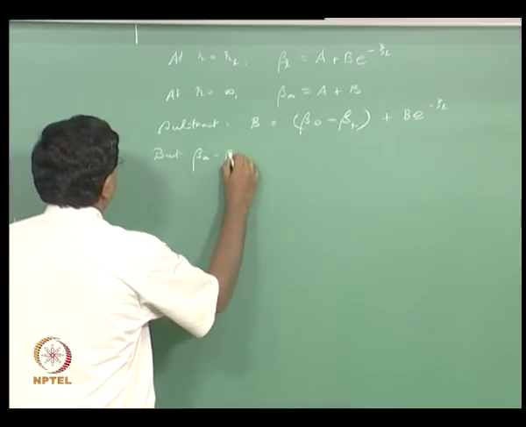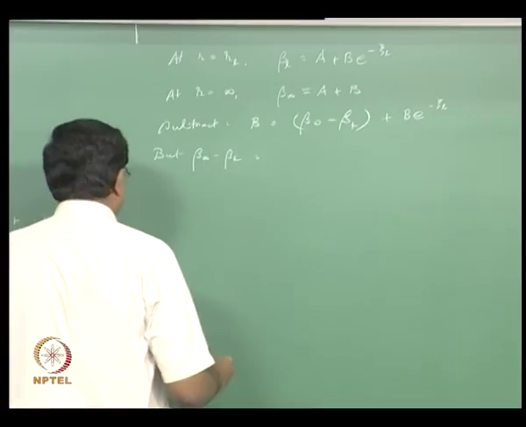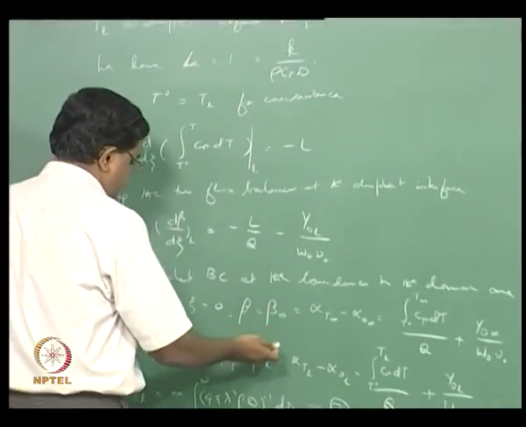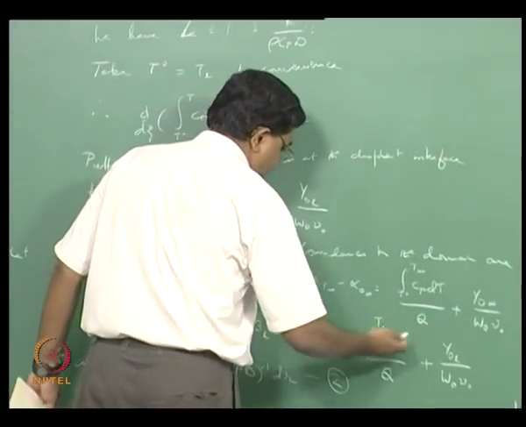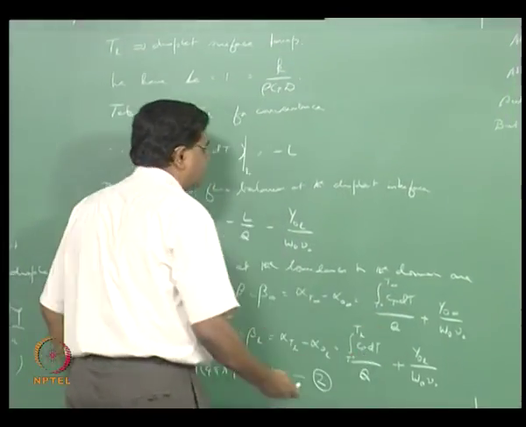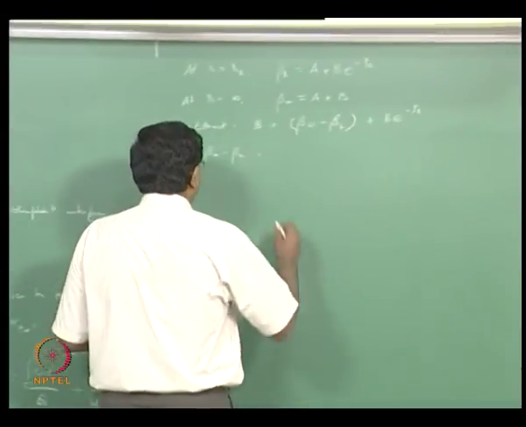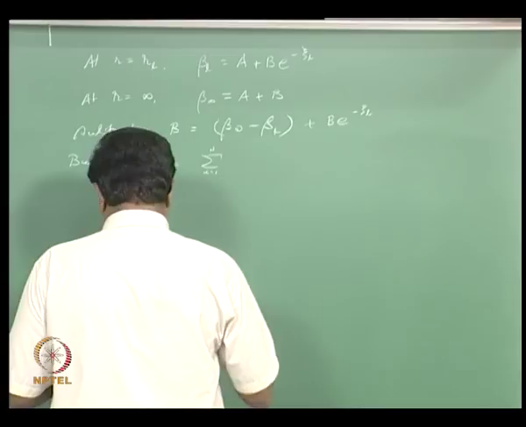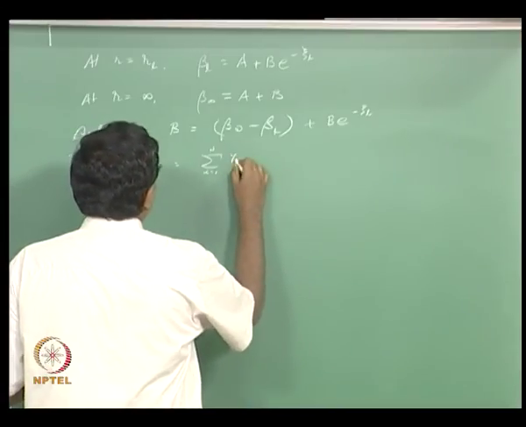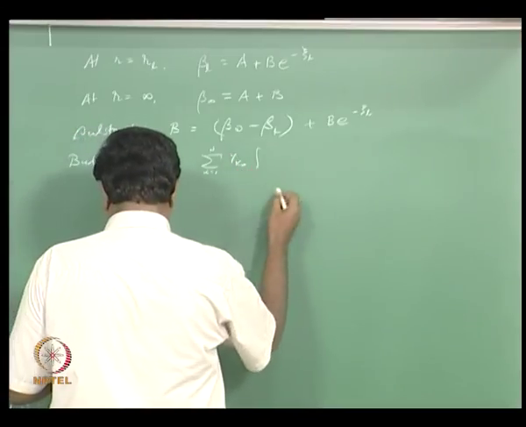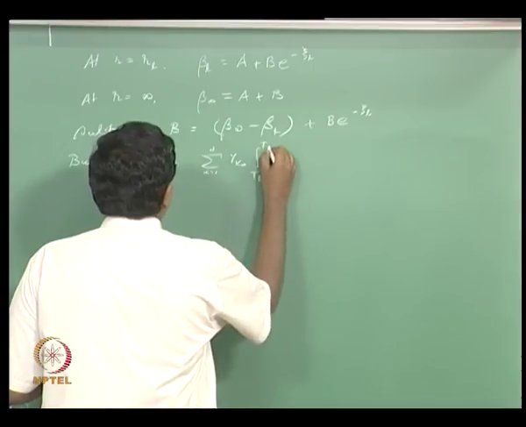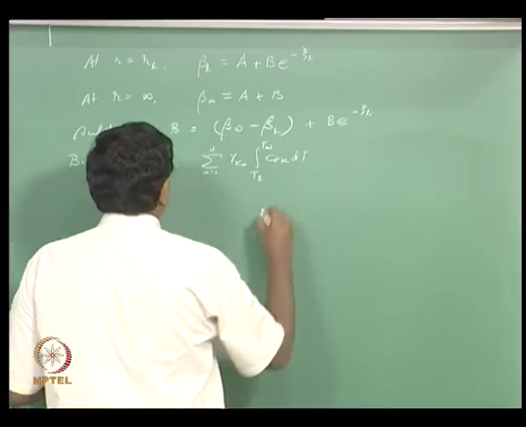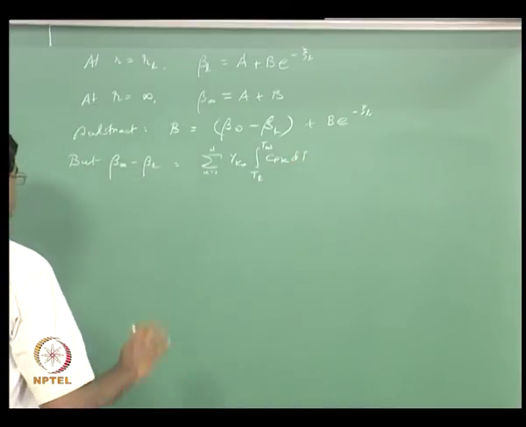Beta infinity minus beta L is nothing but, this is beta infinity, this is beta L, subtract one from the other, so you get the sum over k equals 1 to n of Yk infinity times the integral from TL to T infinity of CPK dT. That's a fancy way of writing Cp.